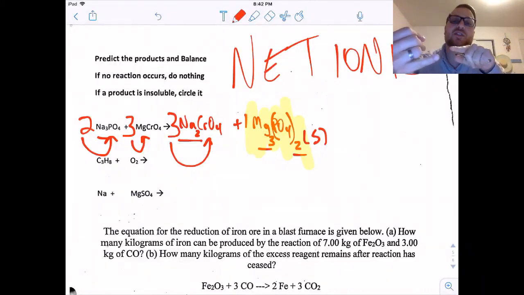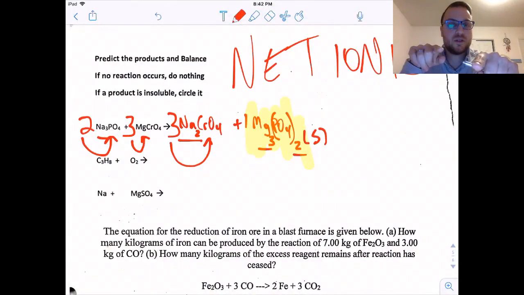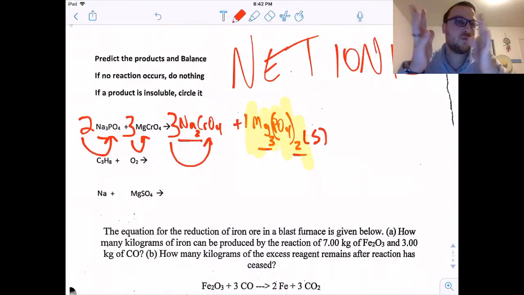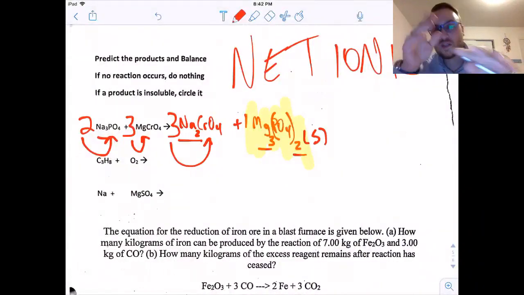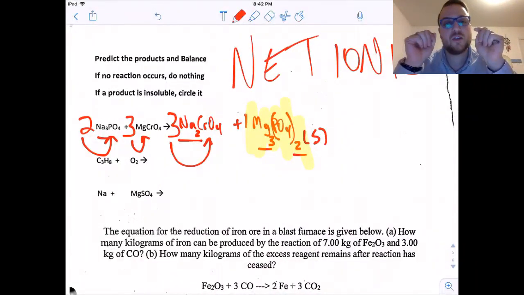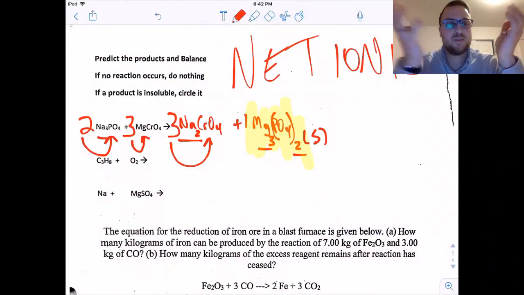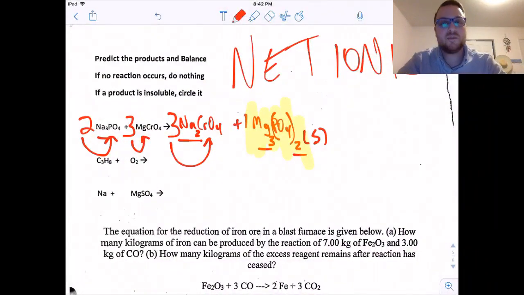Because sodium and chromate, since they're soluble on both sides, aren't reacting, so they're just spectators. They're just floating around in solution, water, watching these 2 guys, Mg and PO4, form this solid product, and it drops to the bottom, aka a precipitate.